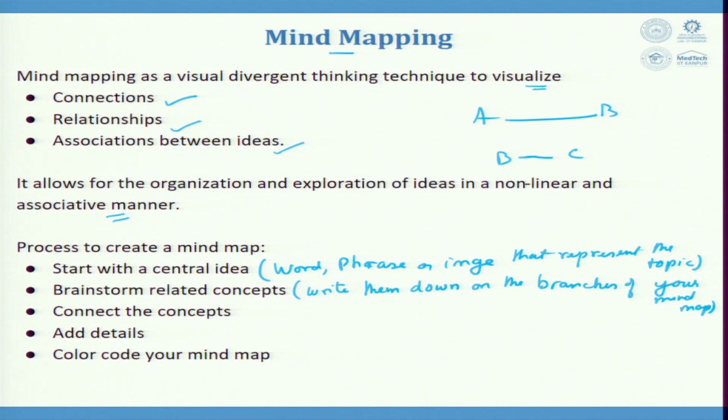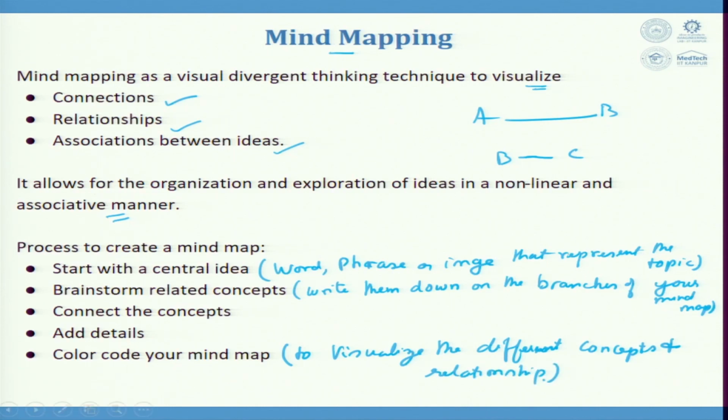Then you connect those concepts. Now you add detail to that concept. Finally, use color code in your mind mapping to visualize the different concepts and relationships.